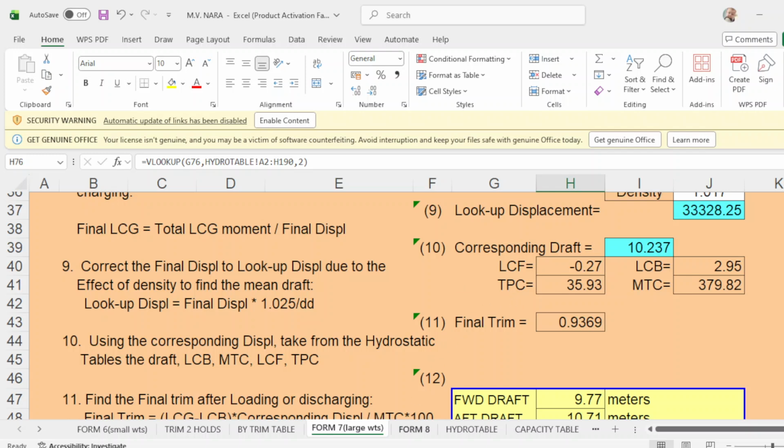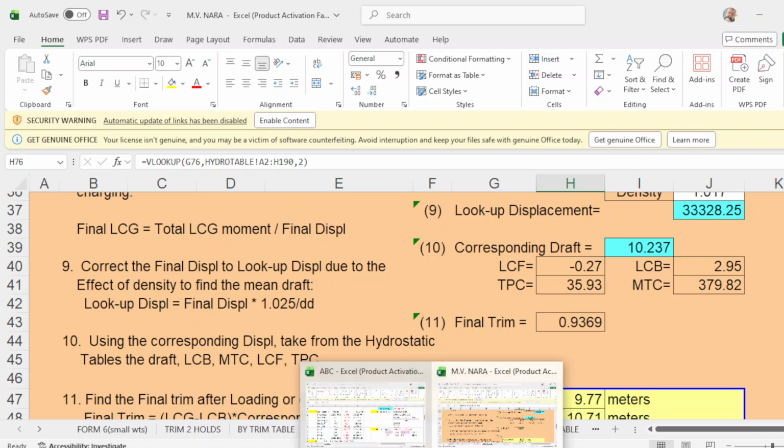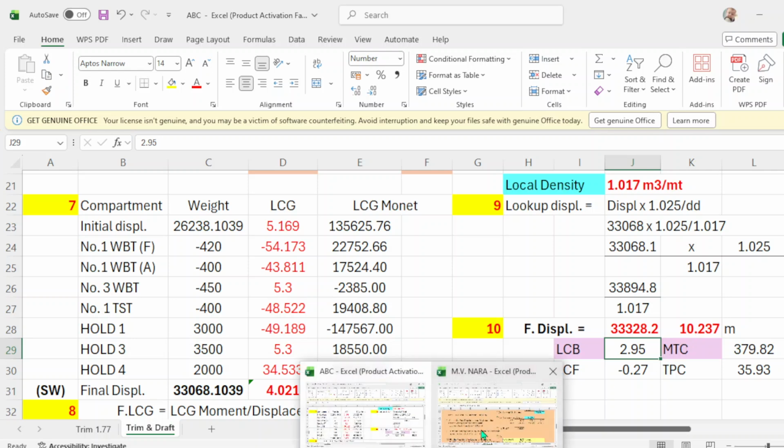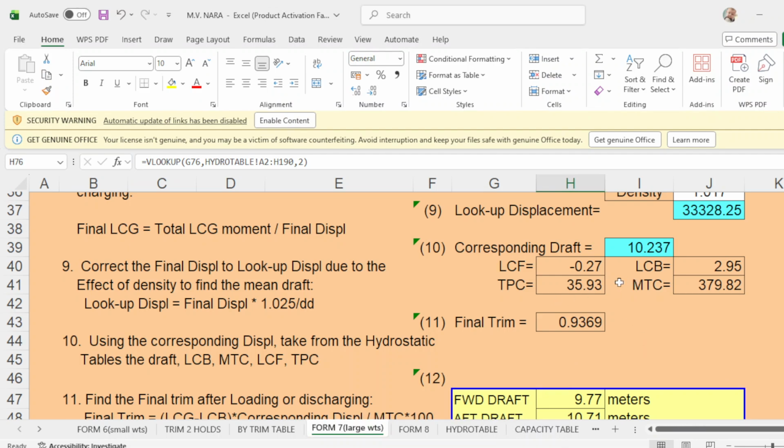Okay, so in the manual, since you already have your displacement, the drop will be 10.23. Okay, that will be here, 10.23 as in this one.